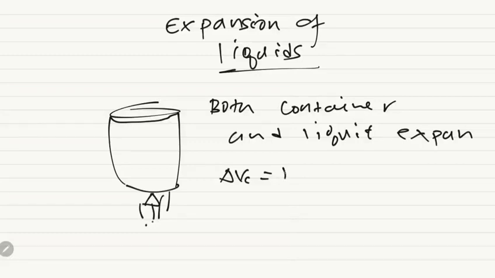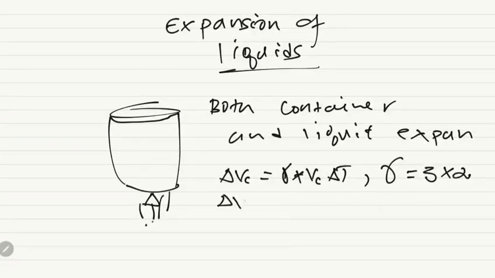the volume expansion coefficient times the volume at the colder temperature times the change in temperature. And now, for solids, the volume expansion coefficient gamma is 3 times the linear expansion coefficient.